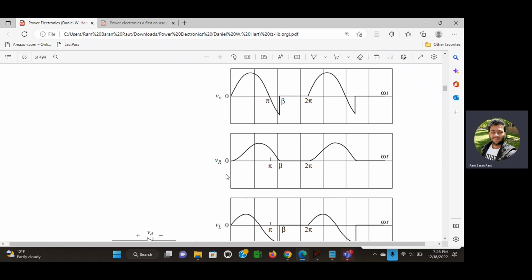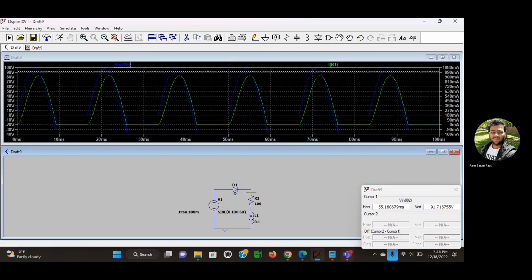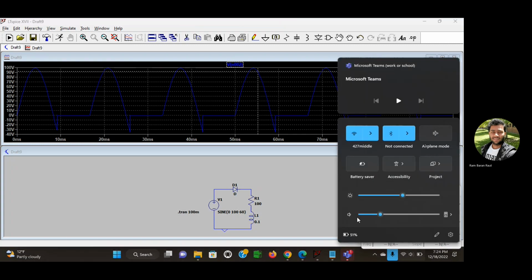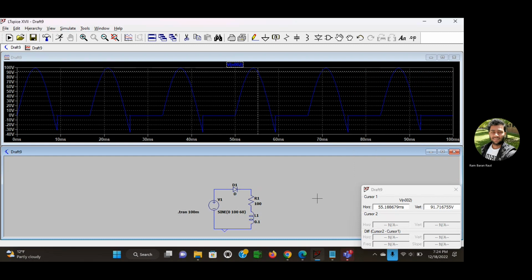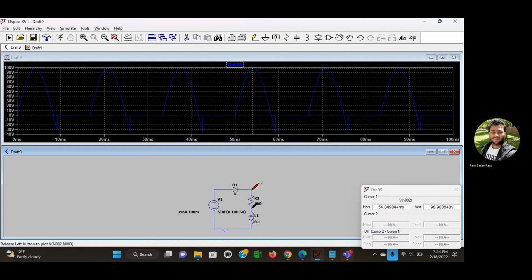Now I'm going to see the VR. The yellow one is the VR.